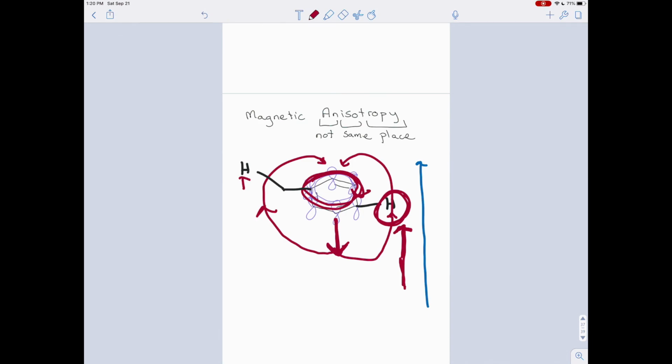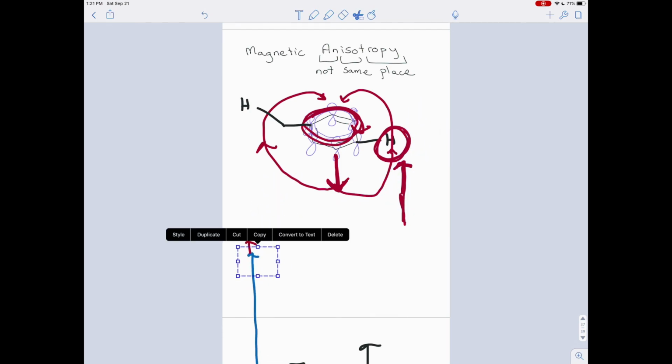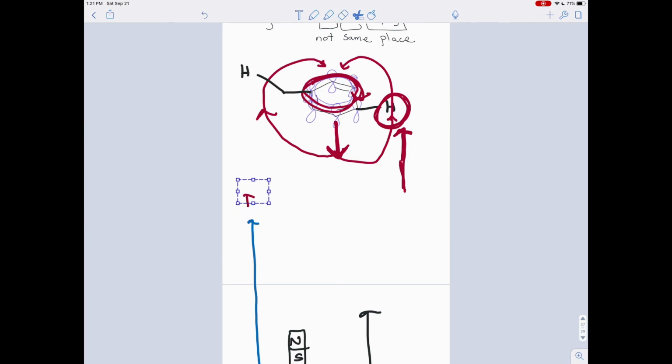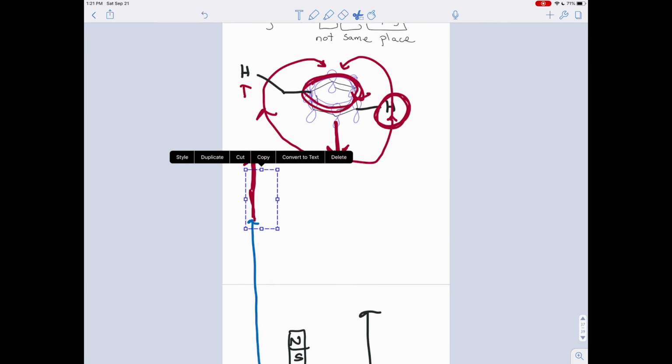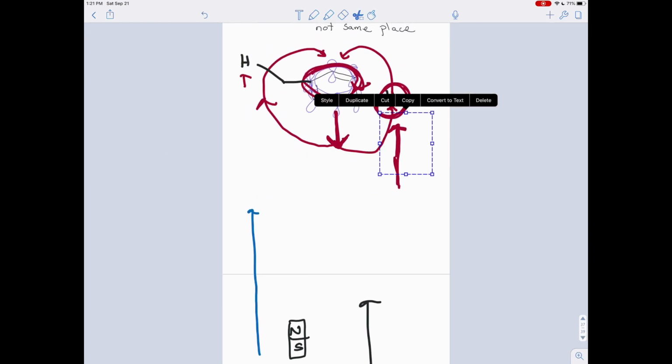As you get further from the ring, the magnetic field that you're making gets weaker. So you'll still be adding a magnetic field to the external magnetic field, but the net magnetic field won't be as big as it was for the hydrogen that was closer to the source of the magnetism.